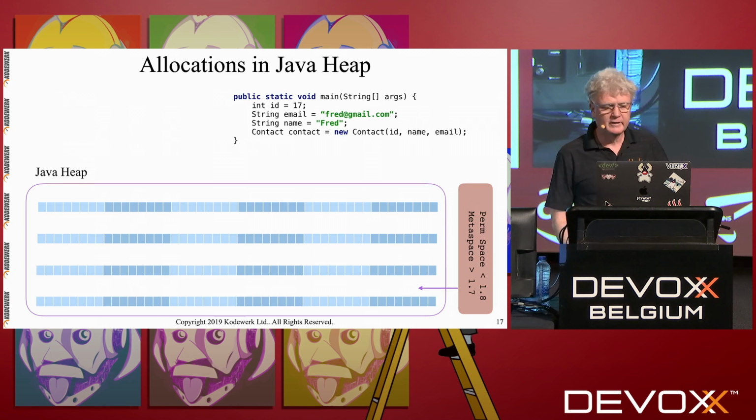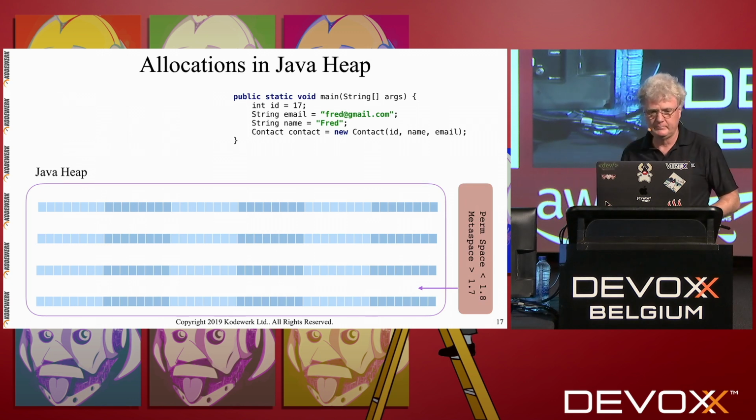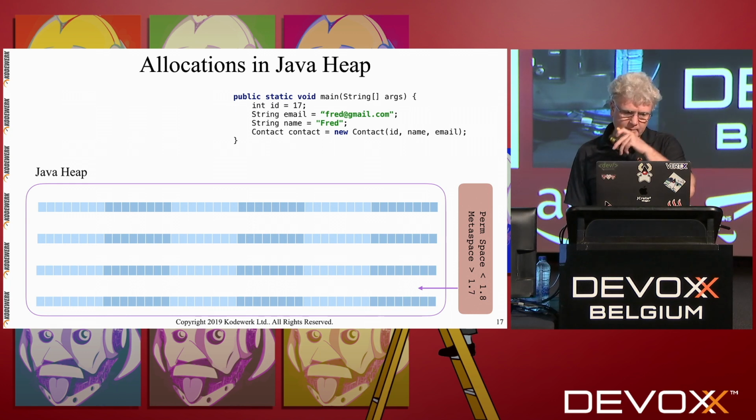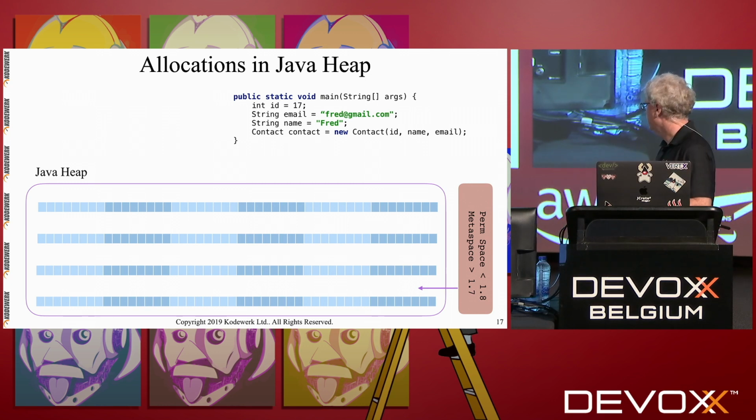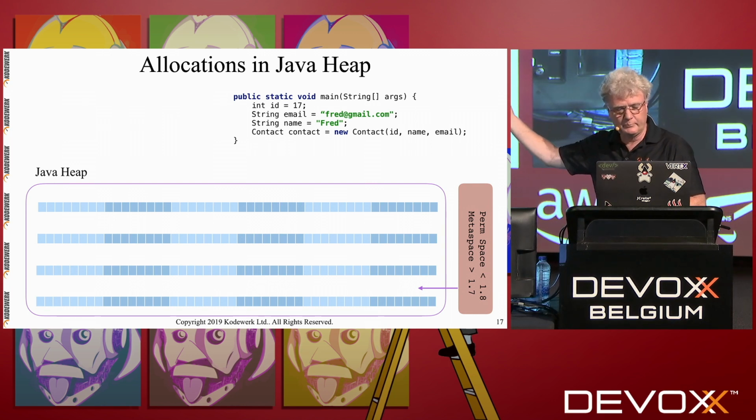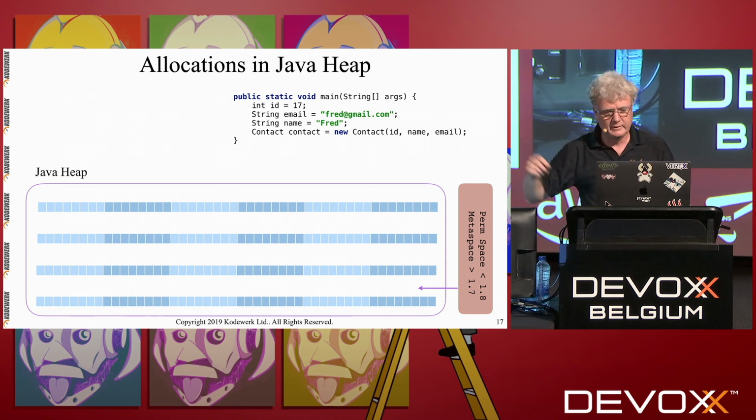So let's take a look at allocations in Java Heap, just to give you an idea of what's going on here. Here we have some heap space, and I've color-coded it into different words so we can see what's going on. We have a bit of code up there, and we have this other space over here, called perm space and metaspace.